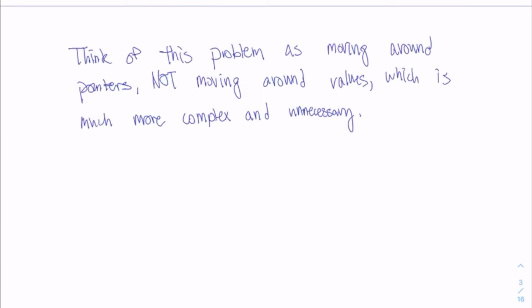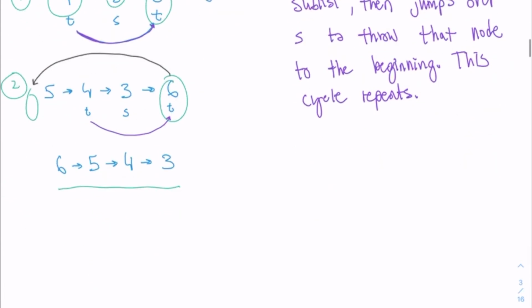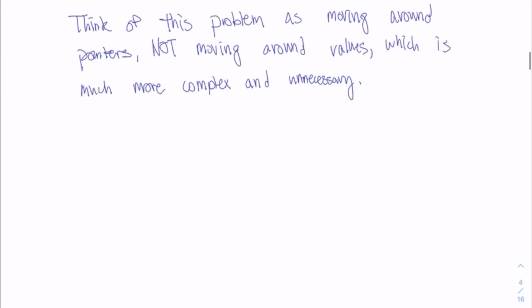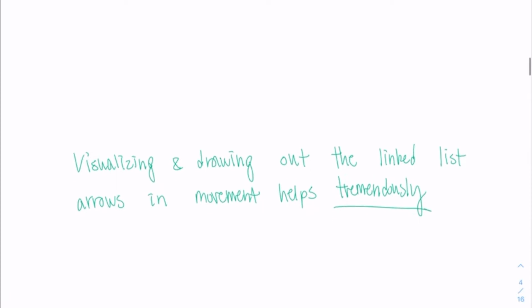And this is something that many people get confused with, and many people reason is why this is such a difficult problem, when really, if you simplify it, it's all about moving the arrows and the next pointers to point to different nodes rather than changing the values of the nodes themselves in order to reverse them. And this will make a lot more sense as we go through the code, but this is a very general idea that I want people to understand before we go in.